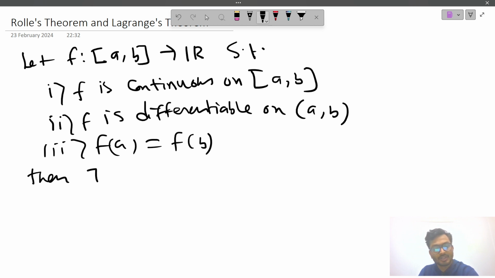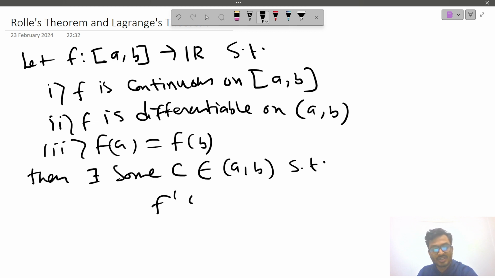Then there exists some c belonging to the open interval (a, b) such that f'(c) equals 0. So this is the statement of Rolle's theorem.